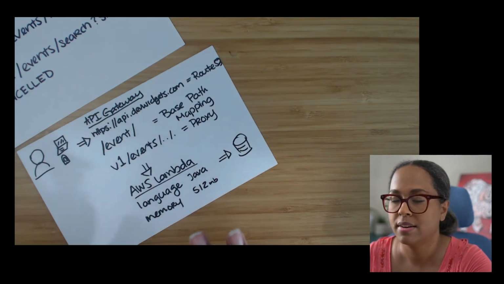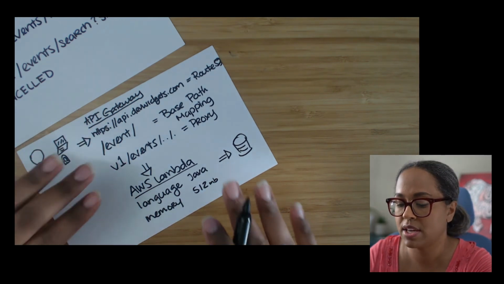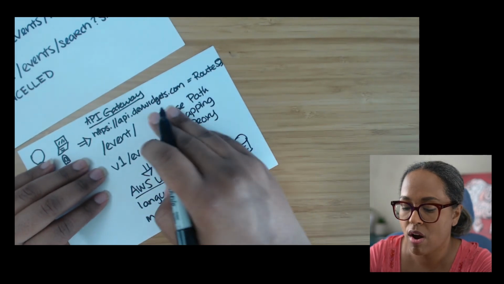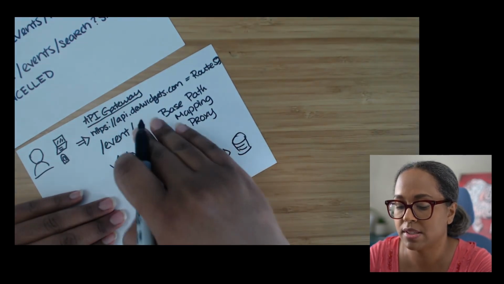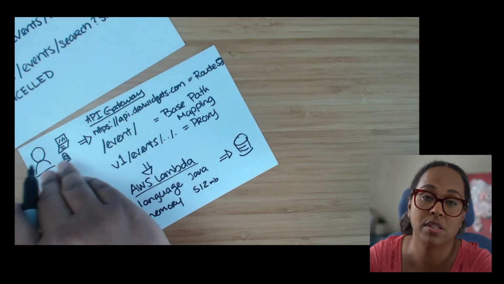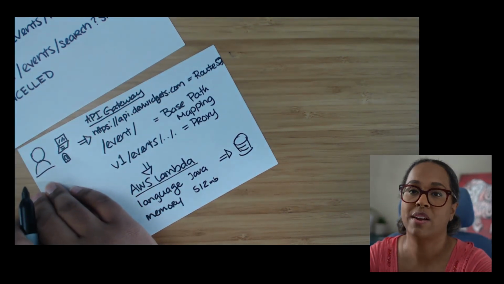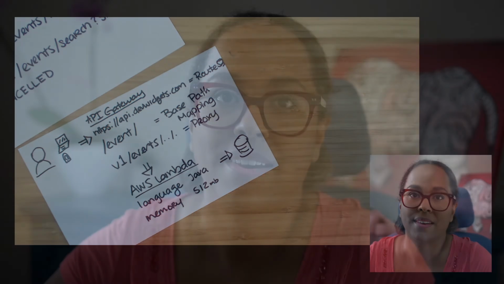API Gateway takes care of everything. It takes care of routing our request directly to our Lambda, and then Lambda responds to API Gateway, and then API Gateway returns that response to our front-end users. So that's basically it. That is our infrastructure in a box.